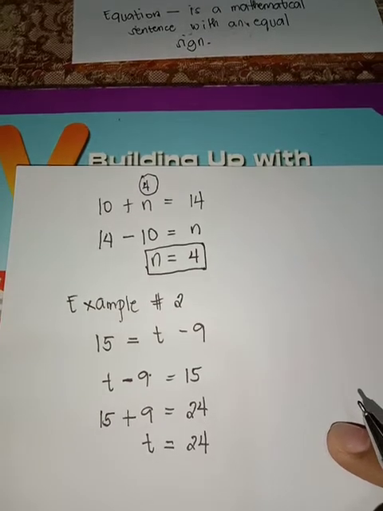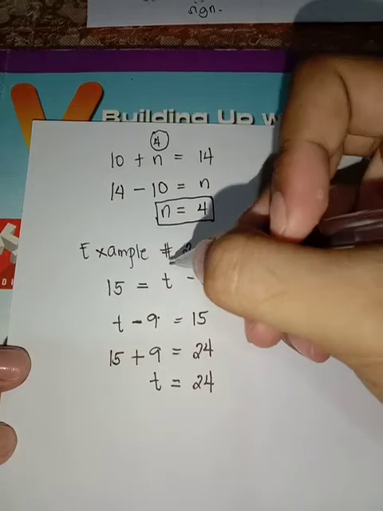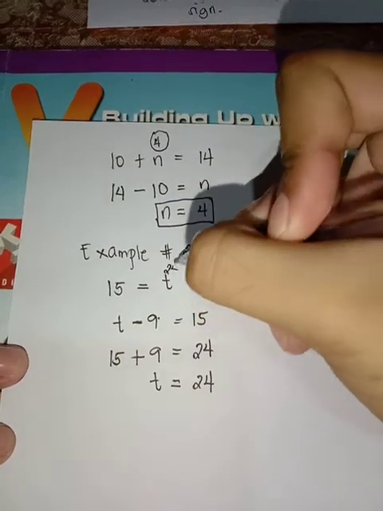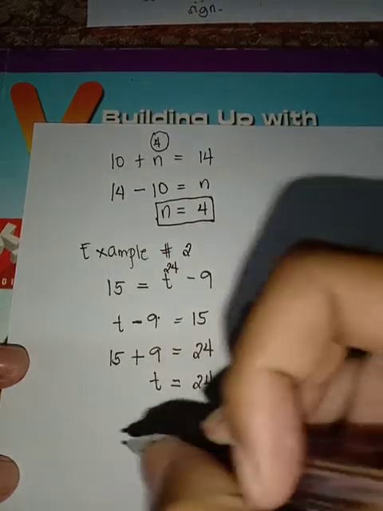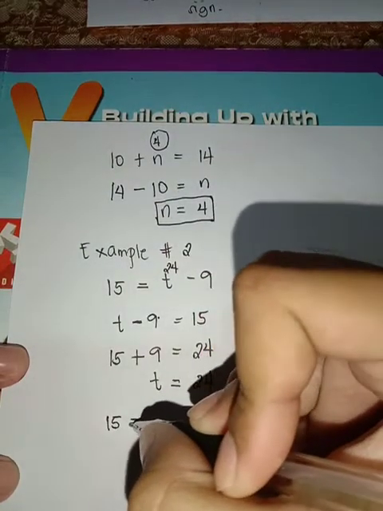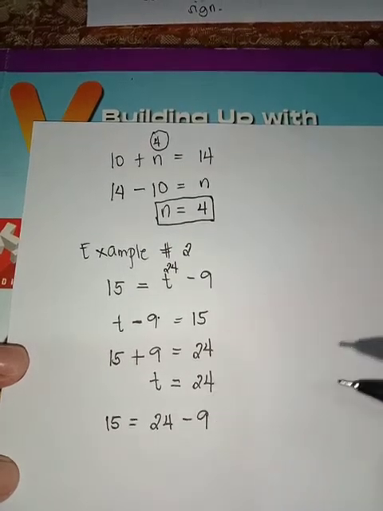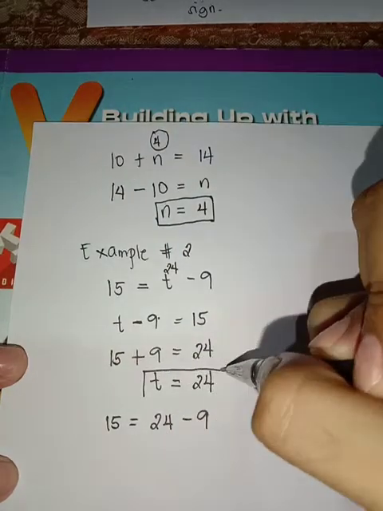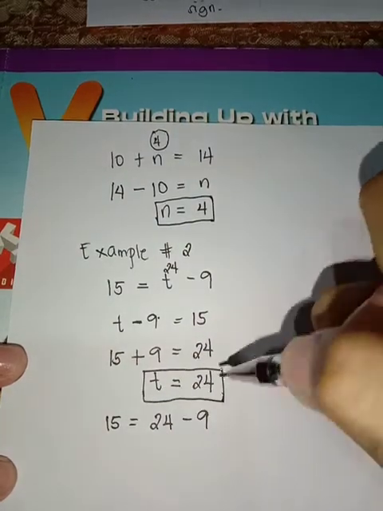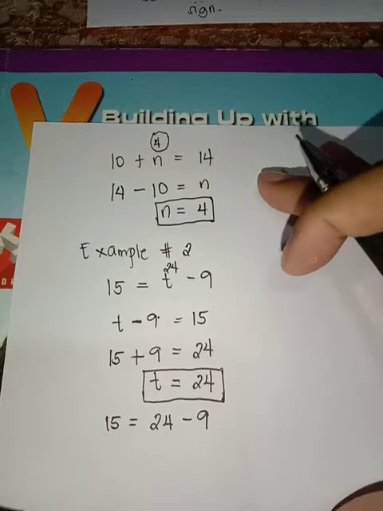And then if we will rewrite this para makumpleto na natin, pwede nating i-change ng 24, or simply we can rewrite this as 15 is equals to 24 minus 9 because nakuha na natin yung missing number. So take note, missing number lang yung sinosolve natin dito sa solving equation na lesson natin.